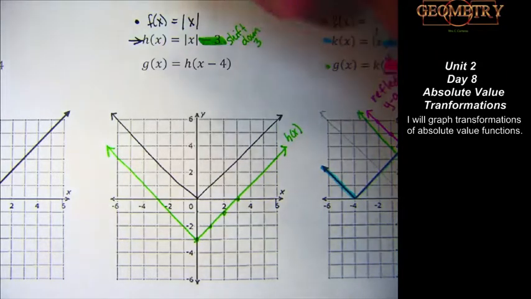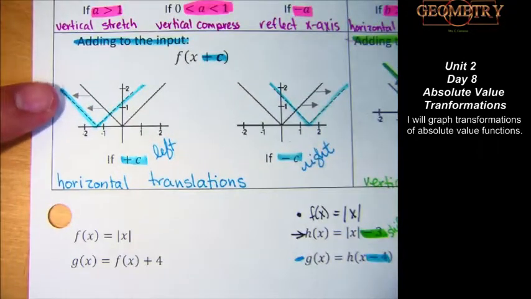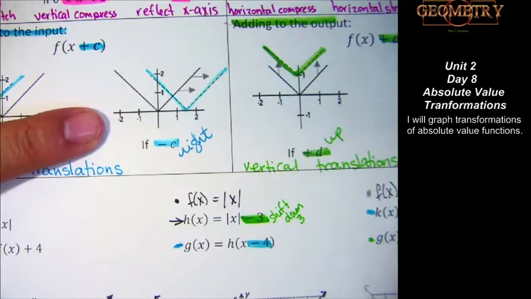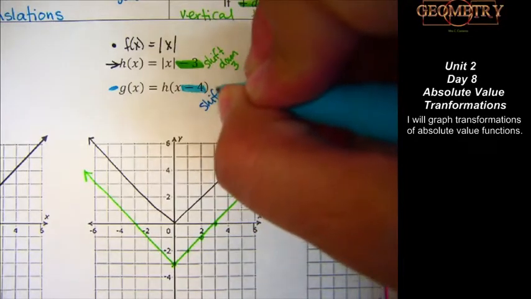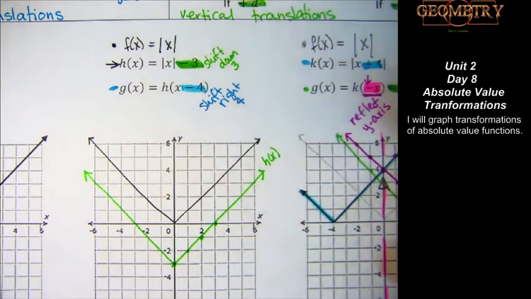Okay. So now I'm going to look at g of x and I'm going to graph it in blue because it looks like the change that's happening is right in there. And that looks like we're adding to the input. Because it's negative, we're going to shift it to the right. So this is a shift right 4 units.